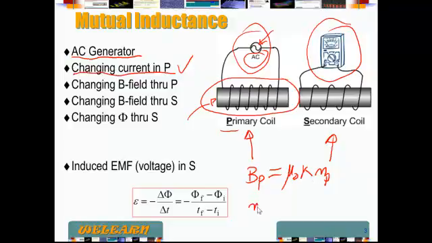Remember, n sub p is the total number of loops in the solenoid over the length of the solenoid. I'm using the subscript p to tell us it's the primary, times the current in the primary.